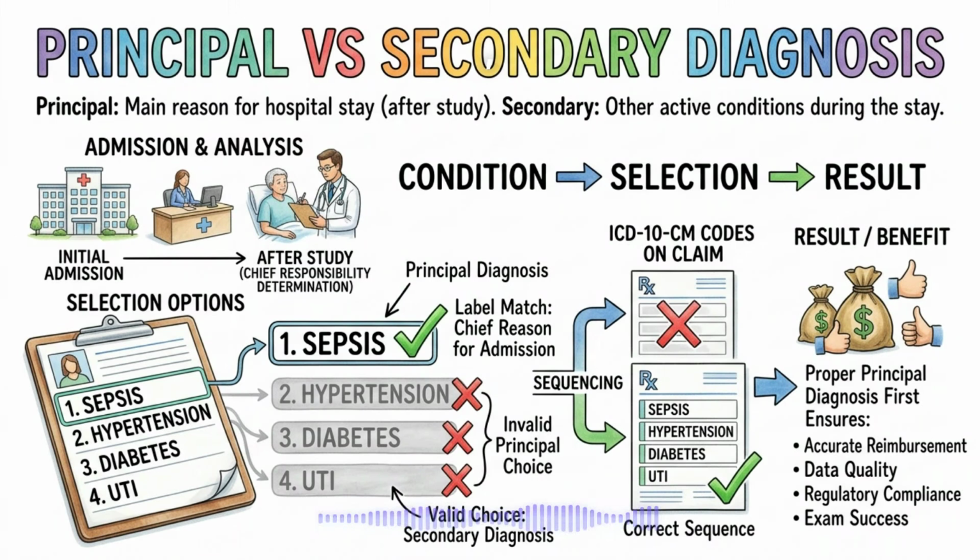Simply put, it is the main reason the patient was admitted to an inpatient bed. Secondary diagnoses are all the other additional conditions that the patient has that affect their care or treatment during that specific hospital stay. Correctly sequencing the principal diagnosis first is a major focus of the certification exam.